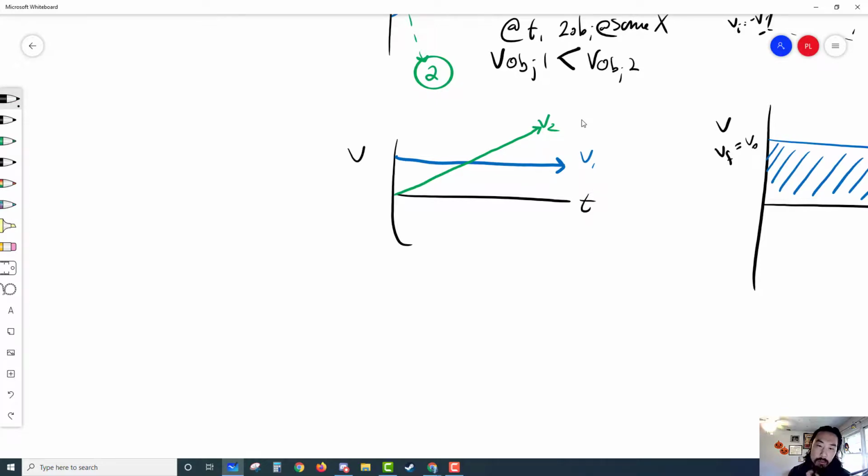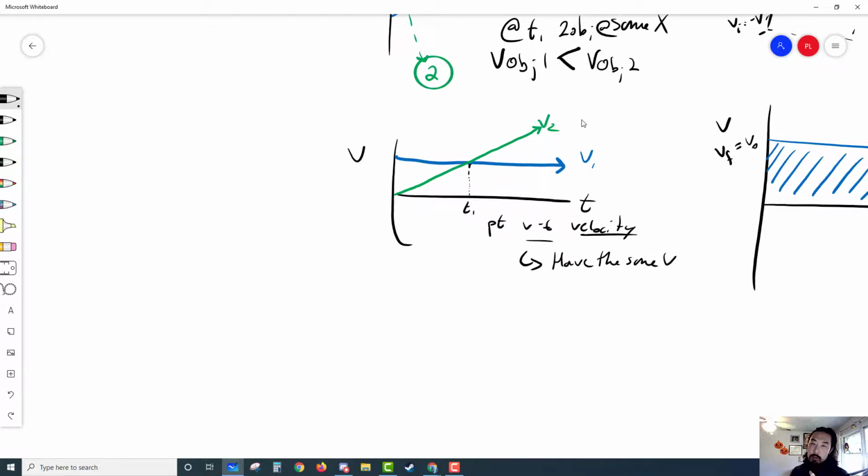If they ask you, at that point right there, which we'll call T1, what's going on? The only thing that we know, because we're looking at the point, and for a velocity time graph the points tell us the velocity values only, is that the two objects have the same velocity. That's the only thing we know.